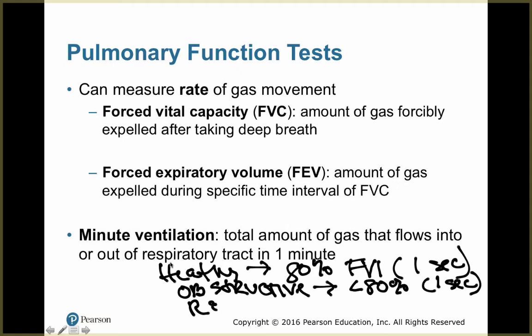Those with restrictive disease can expel 80% or more, even with reduced FVC.